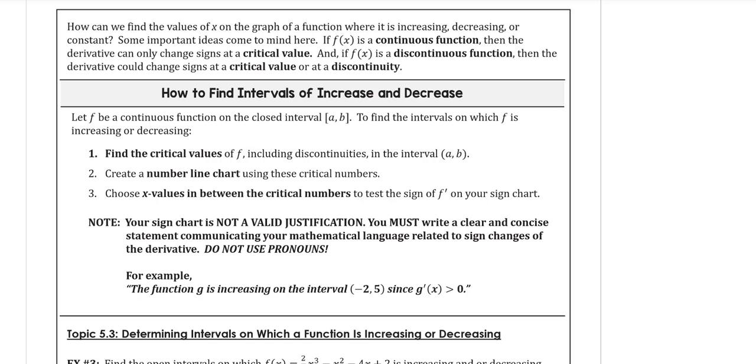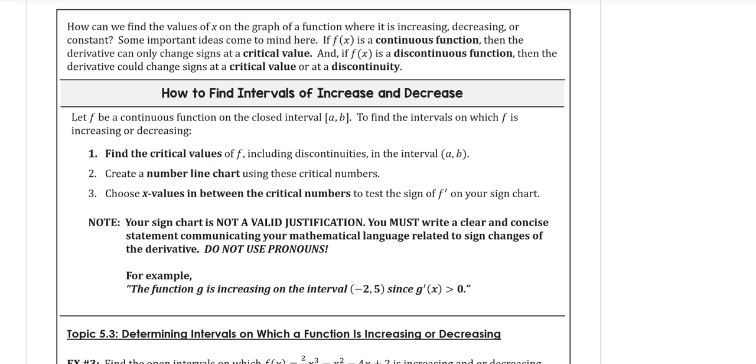So if we let f be a continuous function on a closed interval [a, b], to find the intervals on which f is increasing or decreasing, we do these 3 steps. First, we find the critical values of f, including discontinuities, in the open interval (a, b). Second, we create a number line chart using these critical numbers.